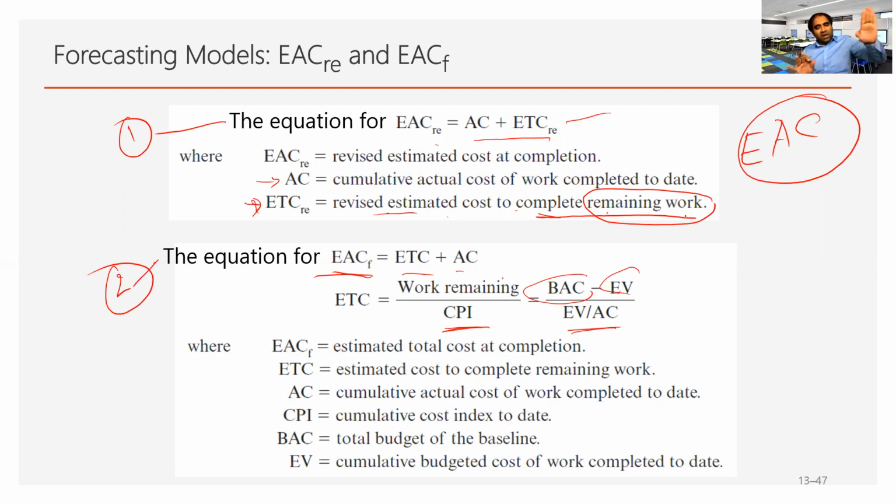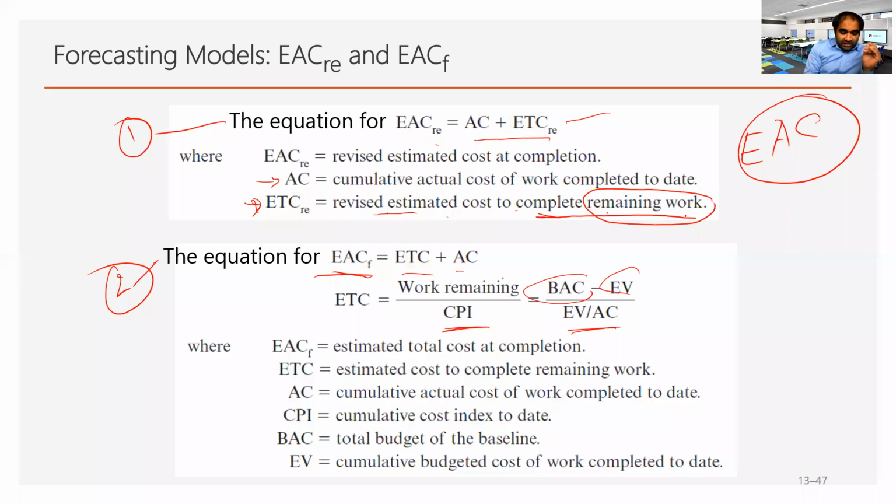Whatever is done is done. Up to period 7, whatever is done is done. For the remaining period, we have E and F 100% remaining and 10% of C remaining. What is the amount involved to complete the remaining part? This is revised, right? In calculating EAC revised, there is no performance index involved.